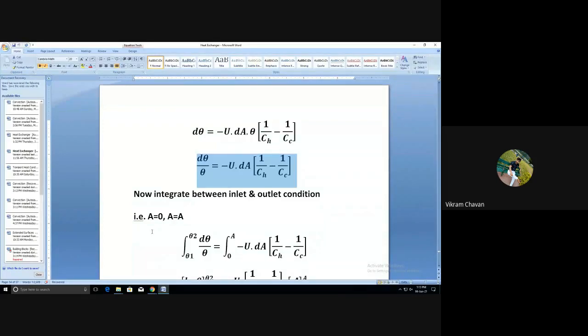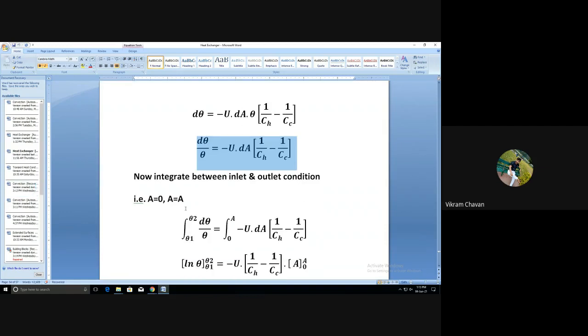At one side theta becomes theta 1, and on the other side theta becomes theta 2, whereas the area at the inlet on one side we have to consider as 0, and at the other end or at the outlet we have to consider the area as A.